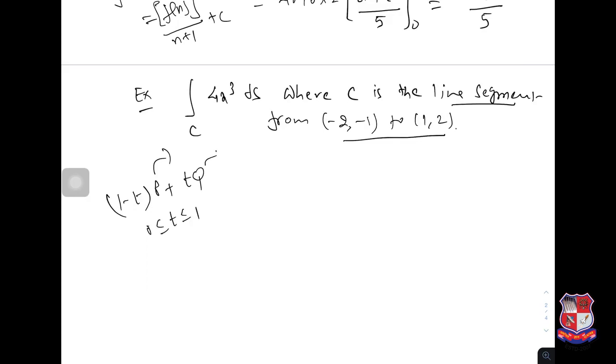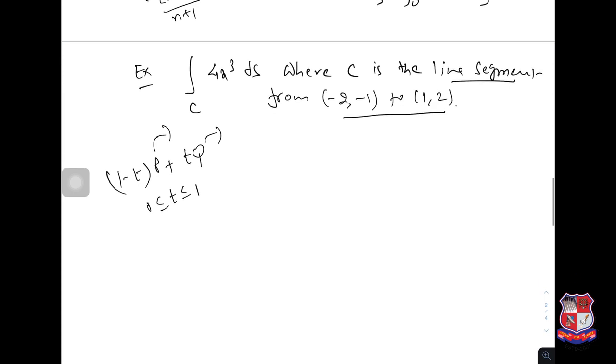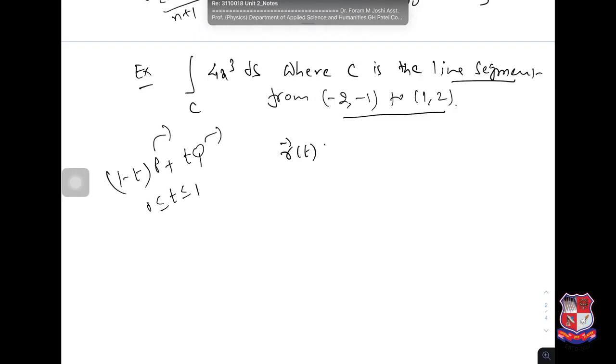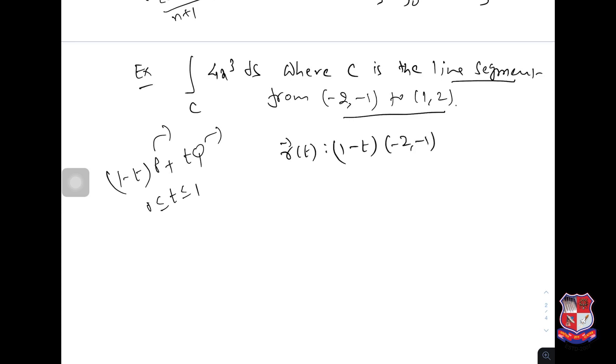This is the way we can join 2 points by a line segment. So here also we do like this: our r is (1 - t)(-2, -1) + t(1, 2), and t lying between 0 and 1.